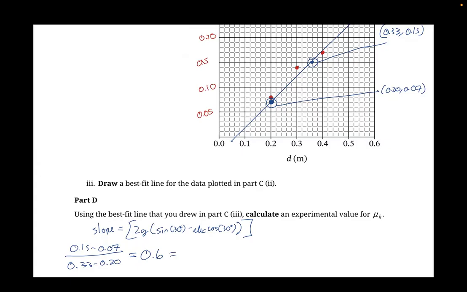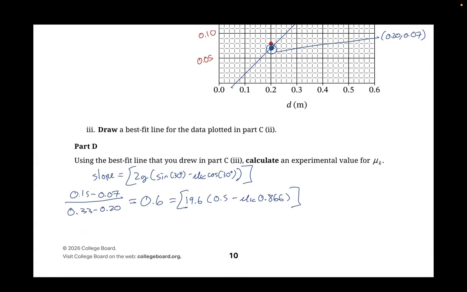That's equal to 19.6 times the sine of 30 minus mu sub k times the cosine of 30, which I believe is 0.866. And then we just solve that for mu sub k. So 0.6 divided by 19.6 gives us 0.03.